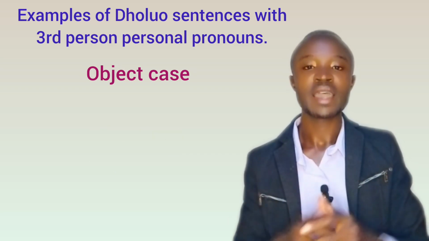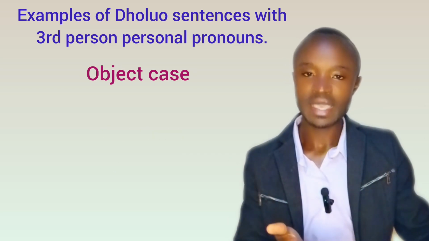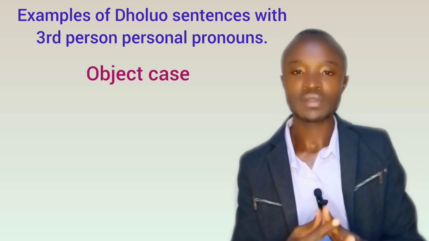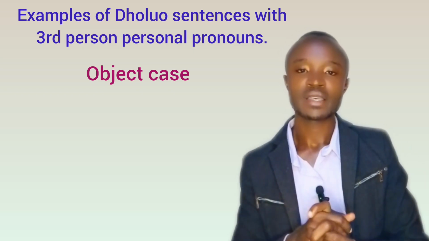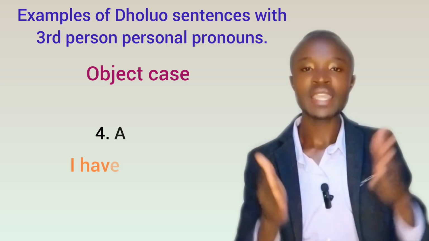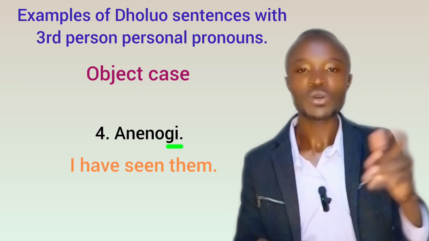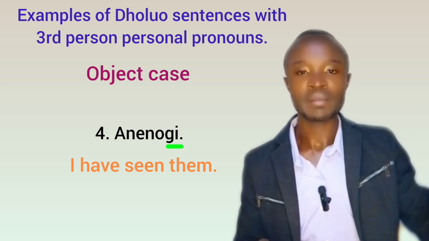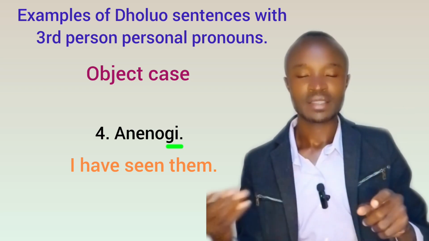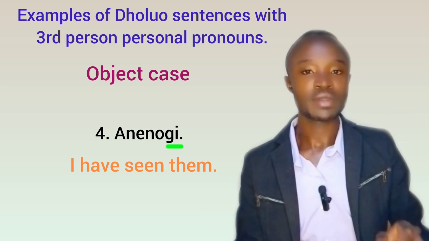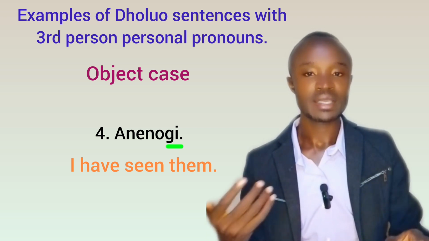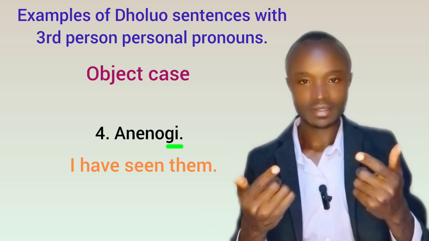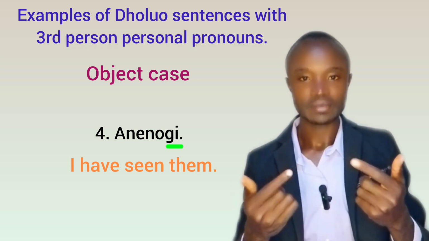Another one, now in the object case or having the object taken into consideration, is anenogi. And gi there refers to them. A, first person, personal pronoun, remember, meaning I. Neno, sing or to see.